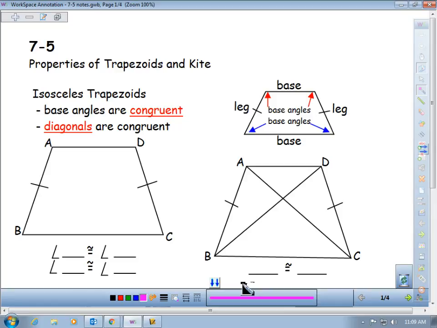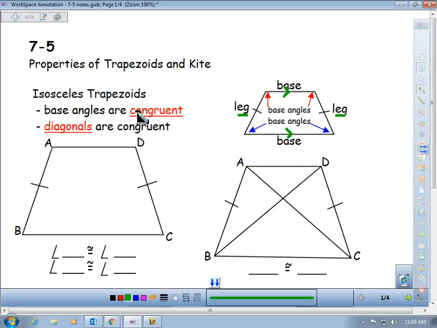But one of the things I want to talk about first, guys, is what do we call the sides and angles of a trapezoid? In any trapezoid, whether it's isosceles or not, the two sides that are parallel, we call those the bases. And then the other two sides we call legs.